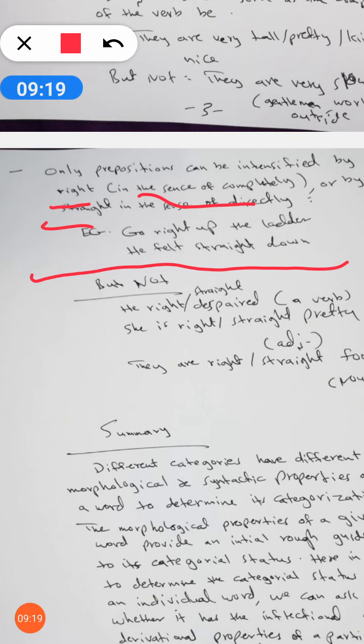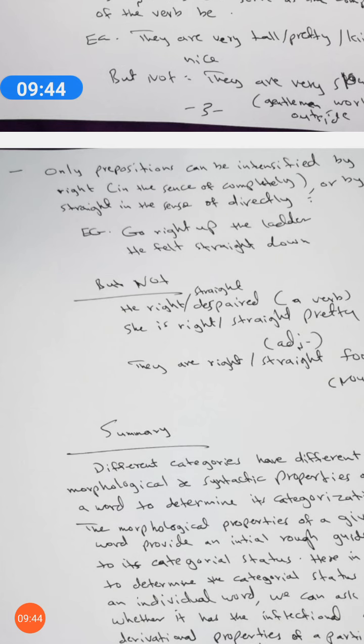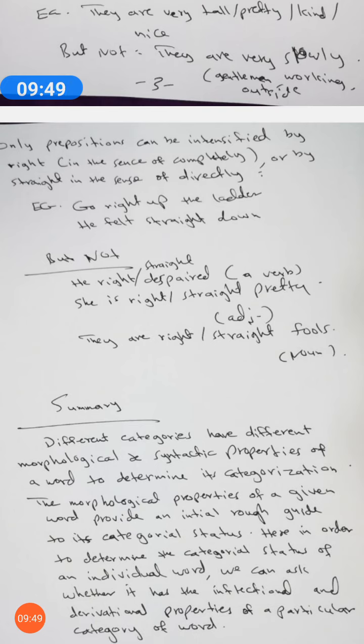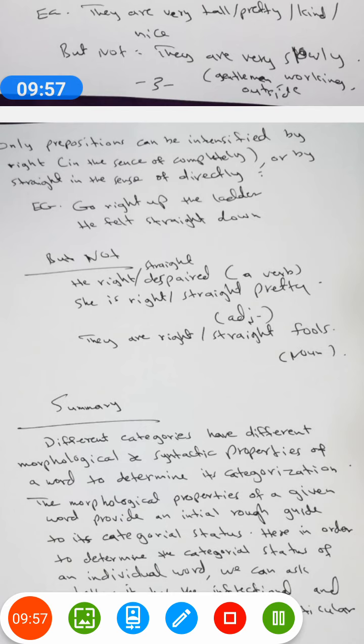So here we can decide that up is a preposition from the distribution, from the position where it occurs, because it is intensified by right. The same thing for he felt straight down. So simply you can identify that down is a preposition because it can be preceded by straight. However, other categories of words, other parts of speech cannot be intensified by right and straight, as in these examples.